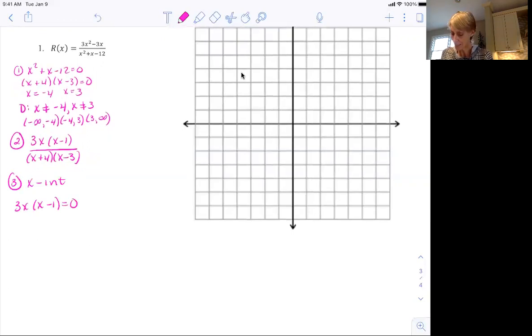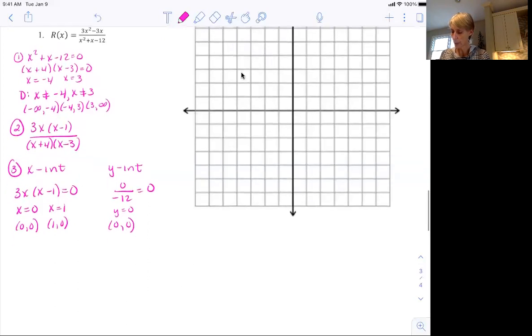So in this case, I'm actually going to have 2 x-intercepts at 0, 0 and at 1, 0. And for my y-intercept, I plug in 0 for x. And I'm going to get a 0 in the numerator over -12 in the denominator. So my y-intercept is 0. So 0, 0 is going to correspond to the x-intercept as well.